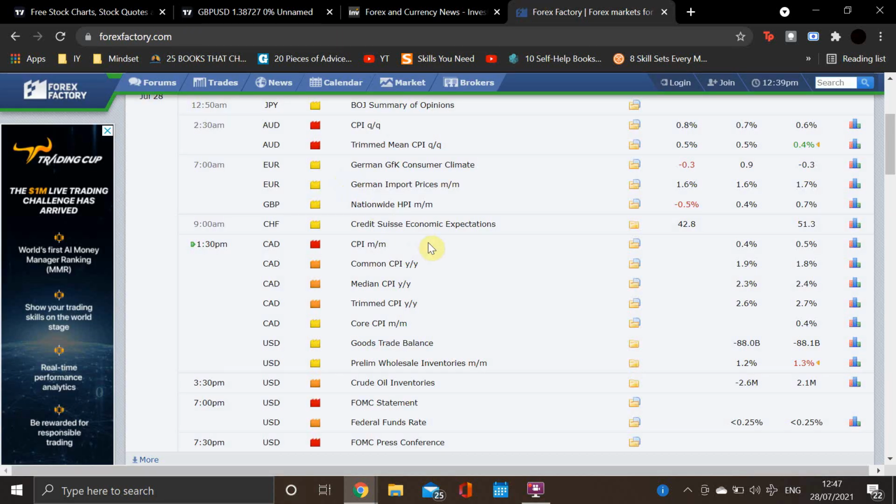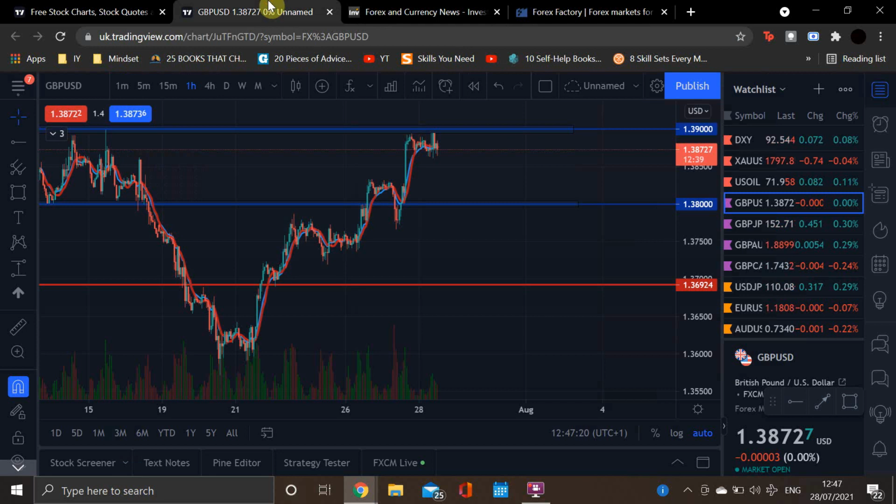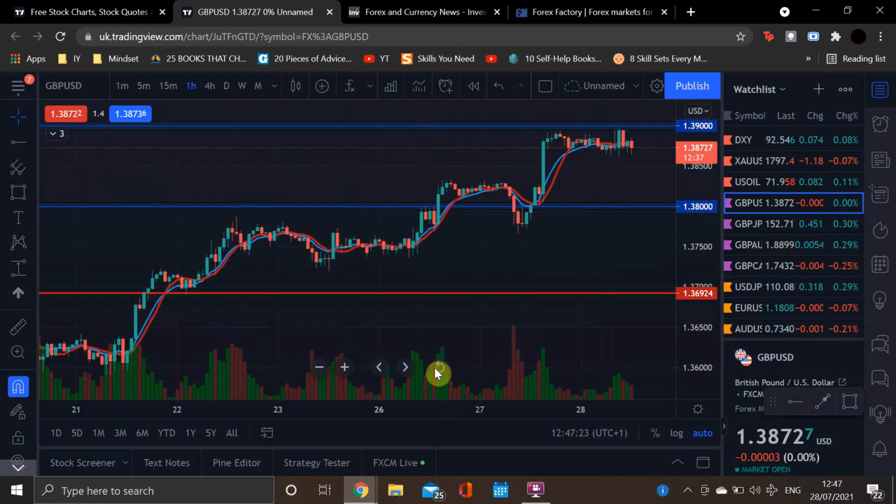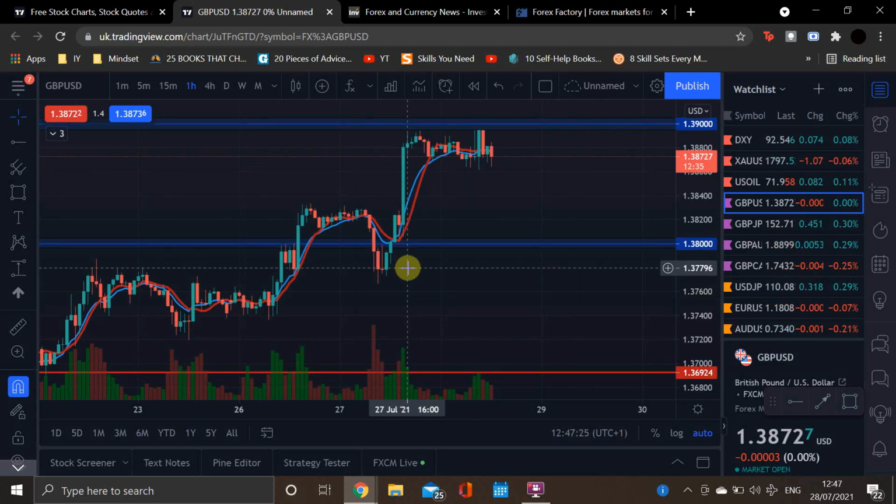There's no news on GBP USD or GBP, and there's no news on USD or GBP, so there's nothing to worry about at the moment. Yeah, it's just kind of all a waiting game. Maybe I might add an alert here.